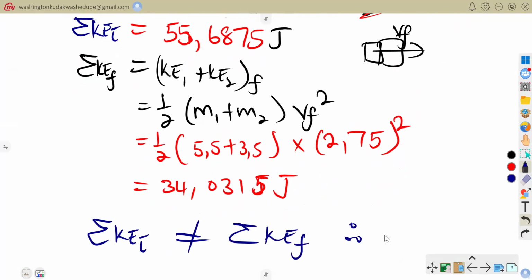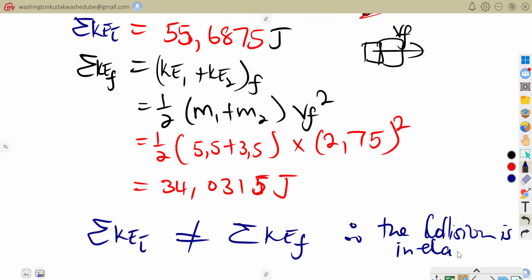Therefore, the collision is inelastic. Once the total kinetic energy before is not equal to the total kinetic energy after, you know that the collision is inelastic. That is what we were supposed to prove.